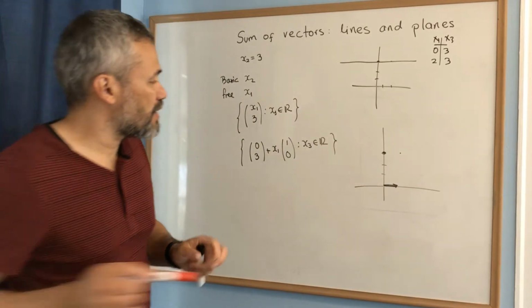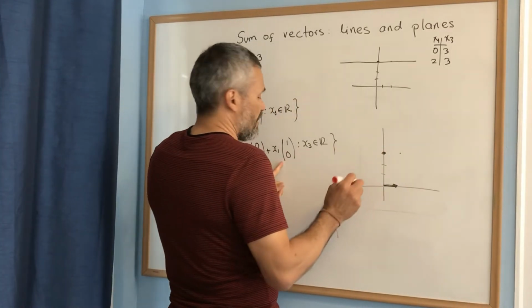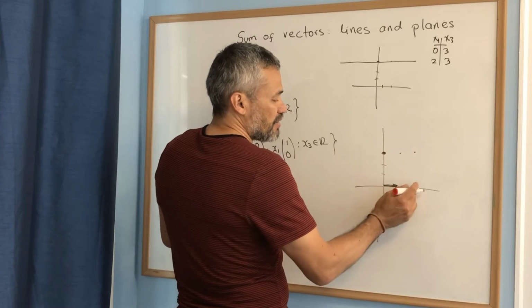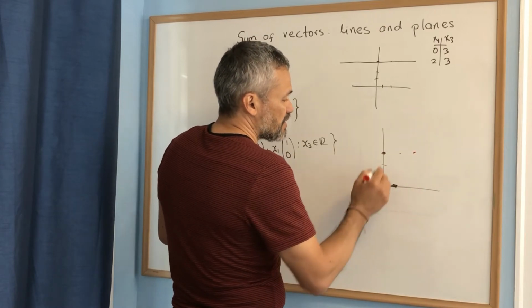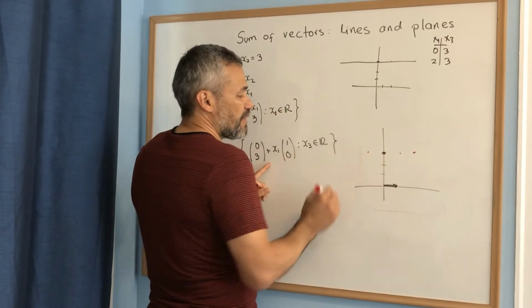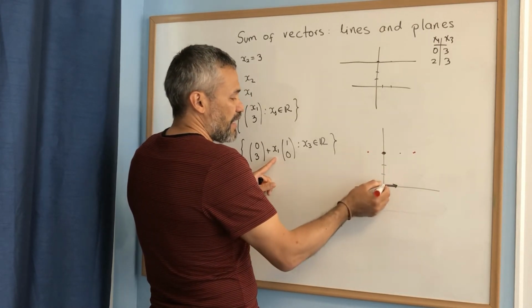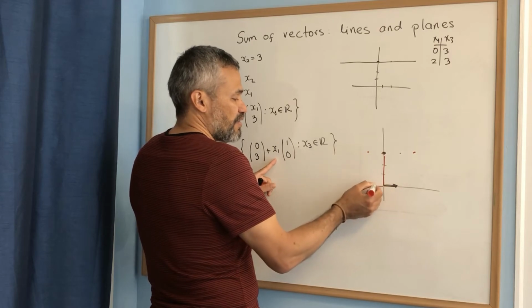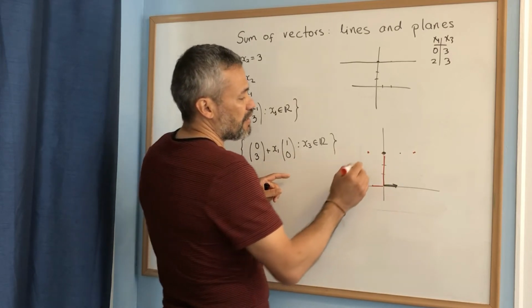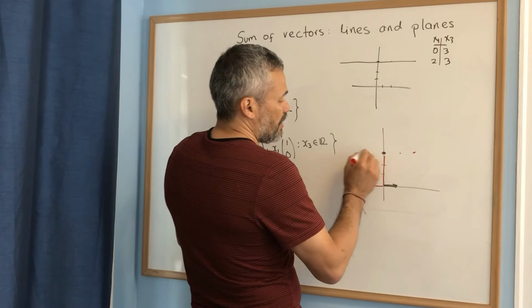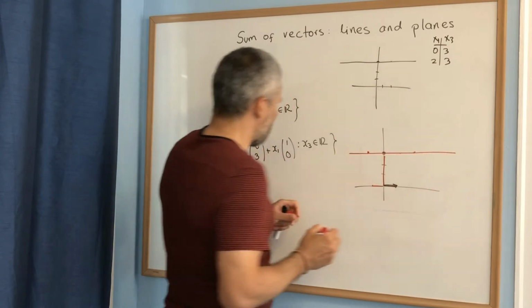When x1 is 0, I'm here. If x1 is 2, I'll be adding 2 times this vector, which gives me this. And when x1 is negative 1, I'll be here because (negative 1, 0) is here. And when I add this vector with this vector, I will end up here. And then the line would be this line.